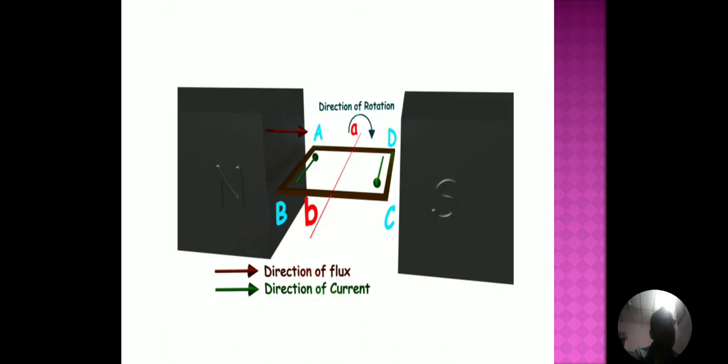And on further rotation, the conductor AB will be nearer to the north pole and the conductor CD will be nearer to the south pole, and we can see the direction of the flux, direction of rotation of the conductor and direction of the current.